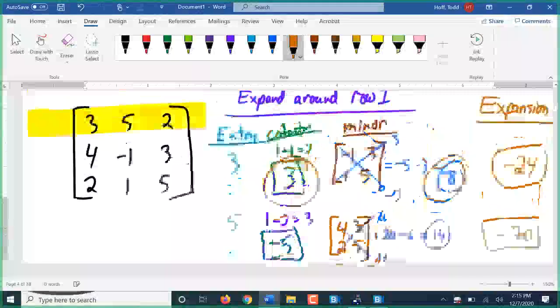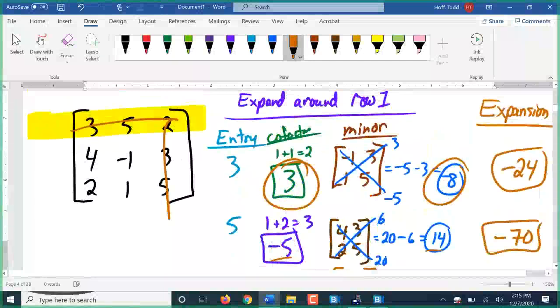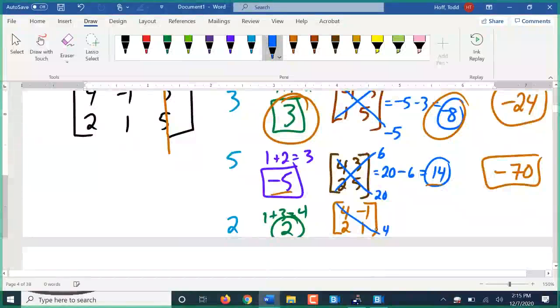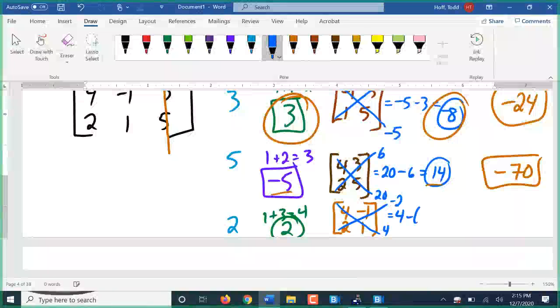That's just taking out the row and column of the 2. That 4 times 1 is 4. 2 times negative 1 is negative 2. So 4 minus a negative 2 is 6. And so the partial for that is 2 times 6 is a positive 12.